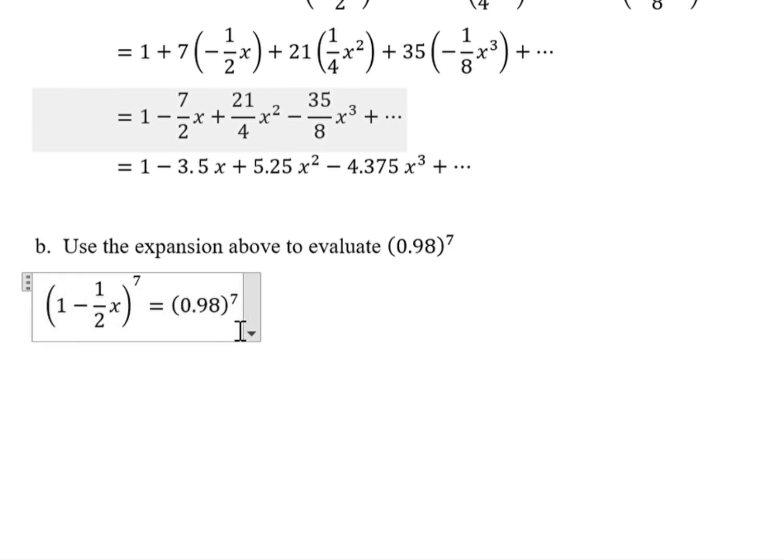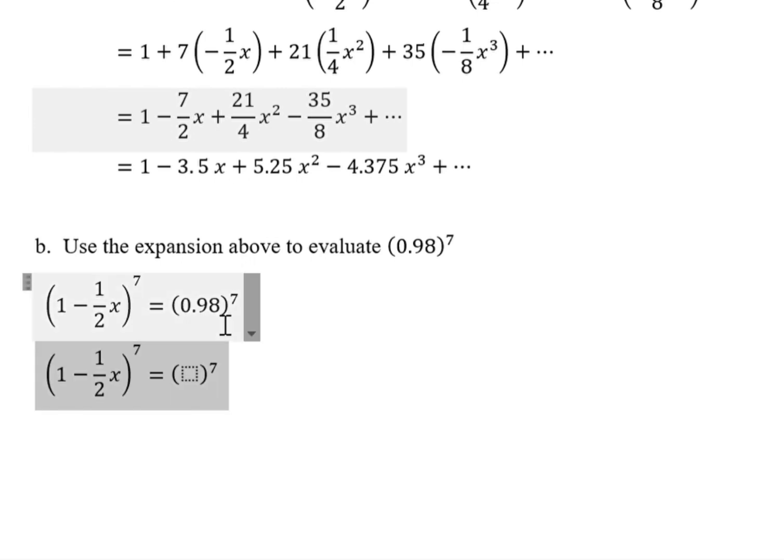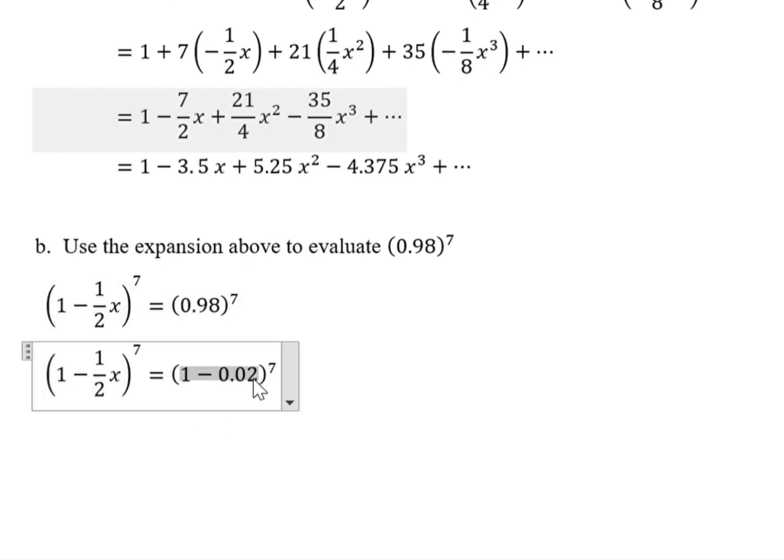Ask yourself, how can I write this 0.98 in a way that it involves 1 minus something? You realize that we write this as 1 minus 0.02. So that's what I've done here.